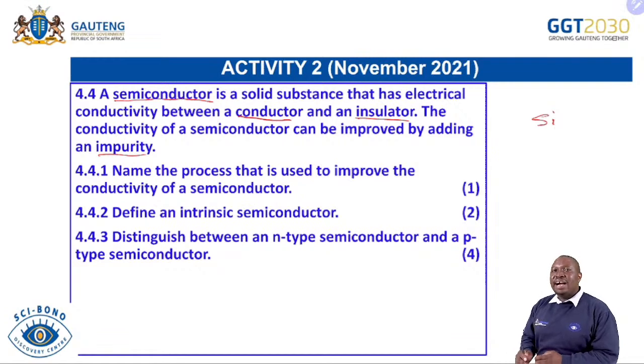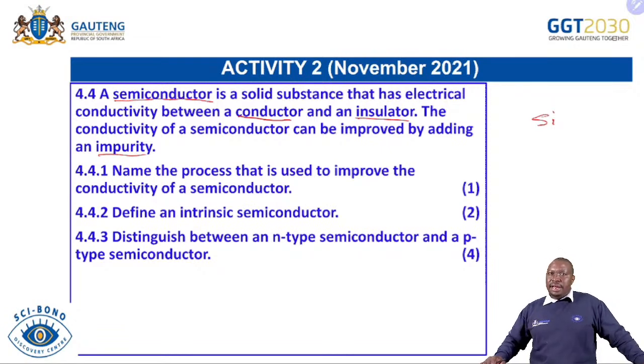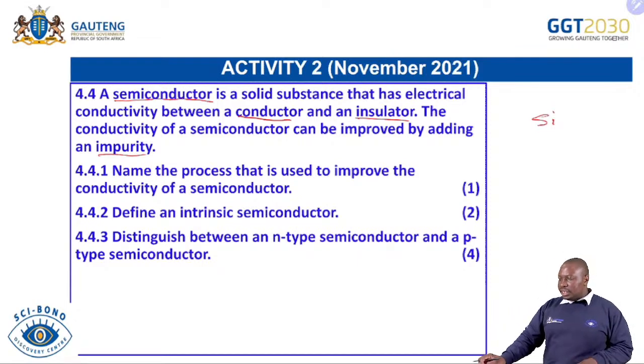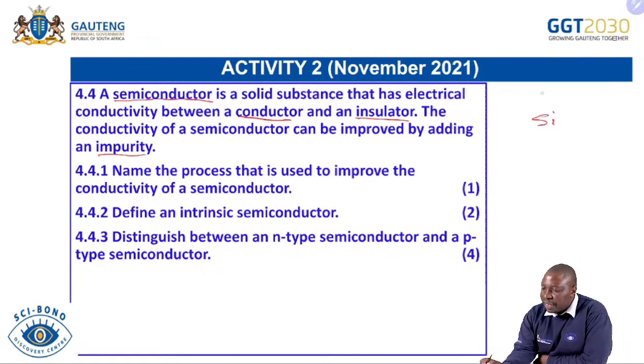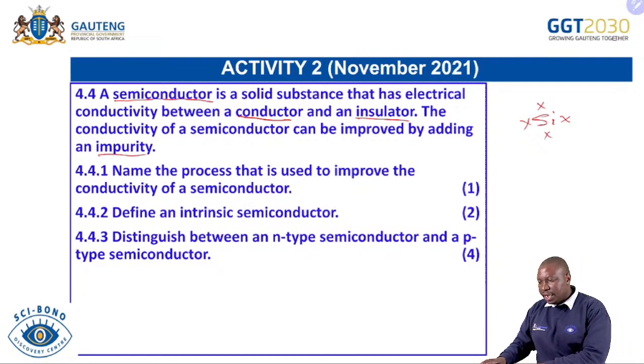We said they are group 4 elements, being carbon, silicon, and grey and alpha tin, as well as germanium, as we indicated. So we said they have a valency of 4, or they have 4 electrons in the outermost energy level.